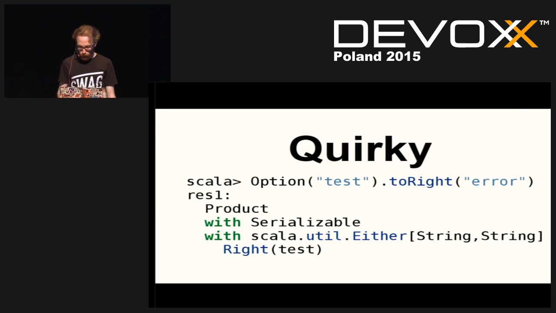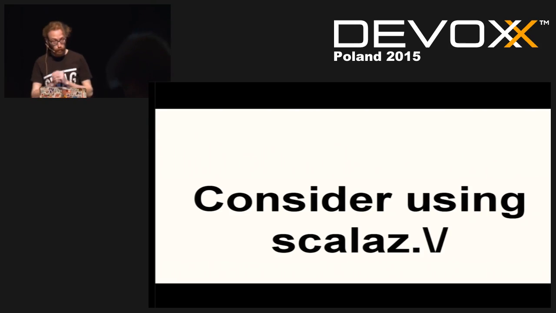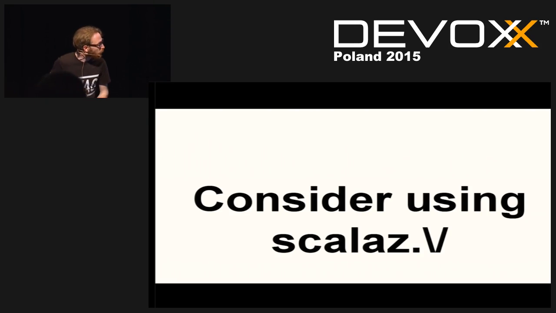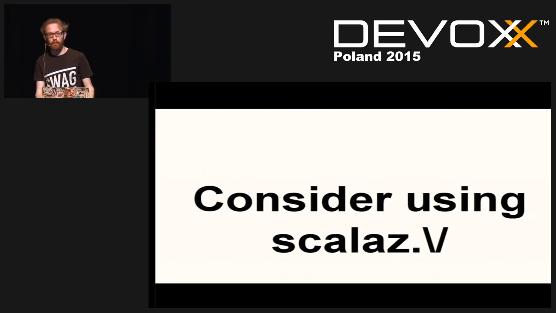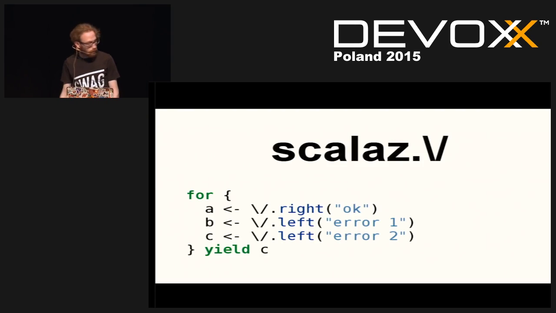This is why in the wondrous library called Scalaz, there is something called, sorry, you can call it Scalaz disjunction. It behaves globally as an Either, but in better ways.